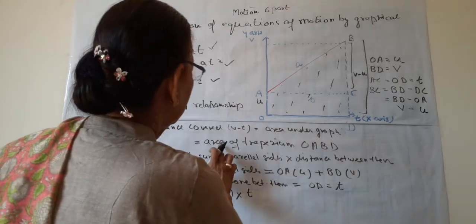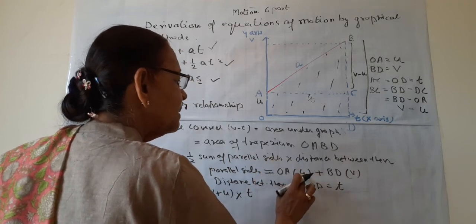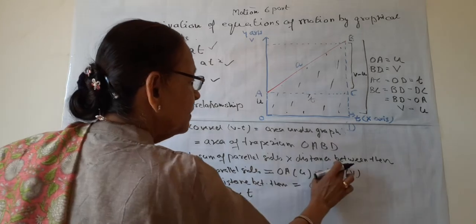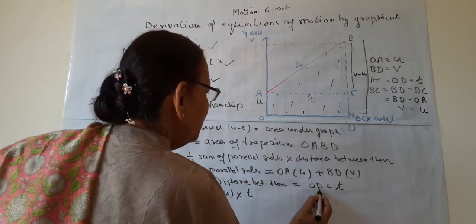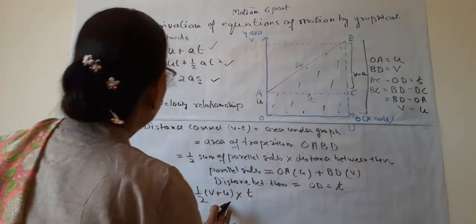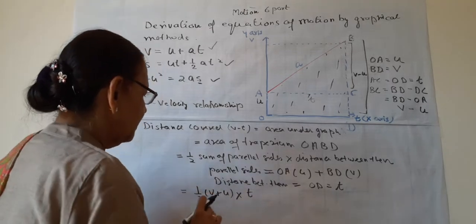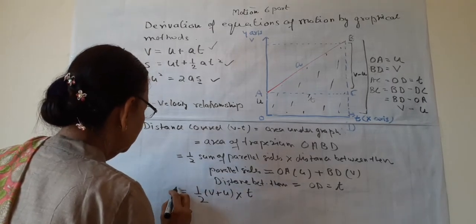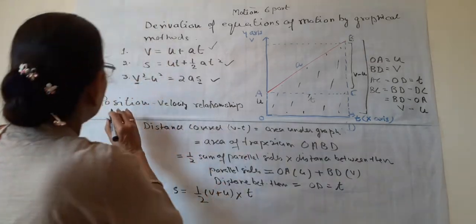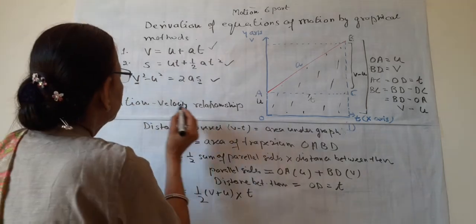Are you following this? The area of a trapezium is half the sum of the parallel sides, v and u, so v plus u, into the distance between them, which is t. We get this. But we want v square minus u square is equal to 2as. Here s is equal to this.